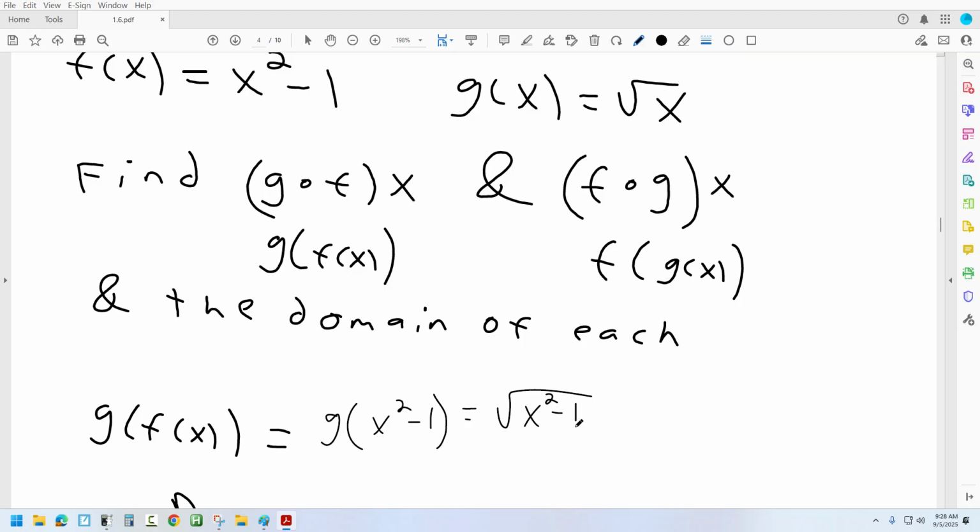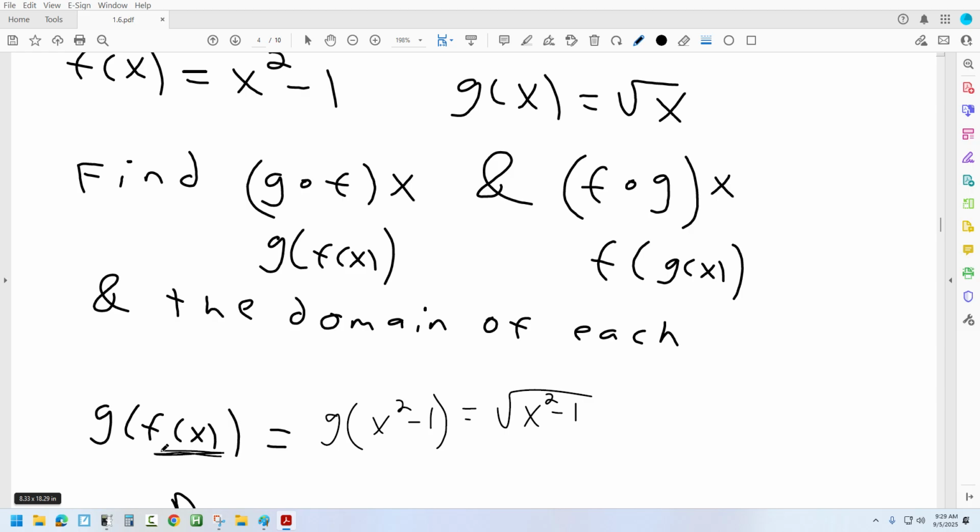What did I say to do for step 1? Yeah? Eliminate any values that do not appear in the domain of the inside function. Yes, eliminate any values that would not work in the inside function.